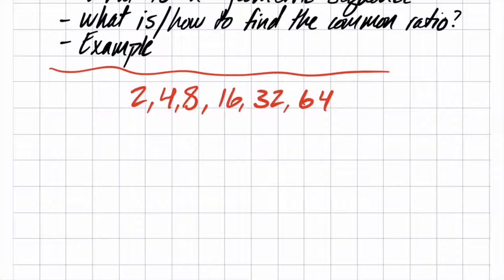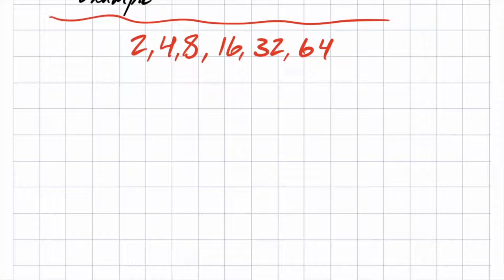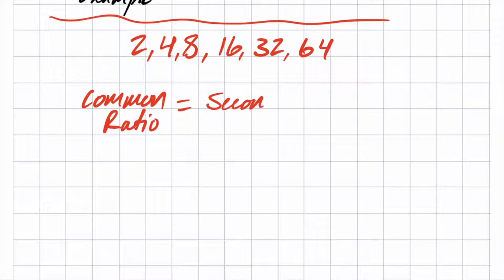And in order to find the common ratio, right here, common ratio, we do the second term over the first term.